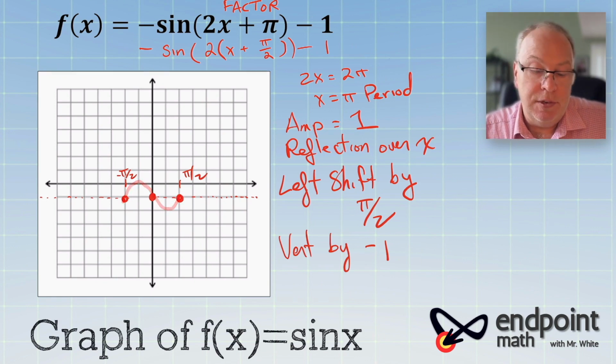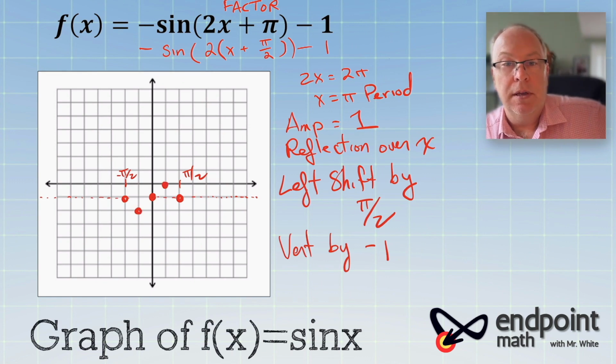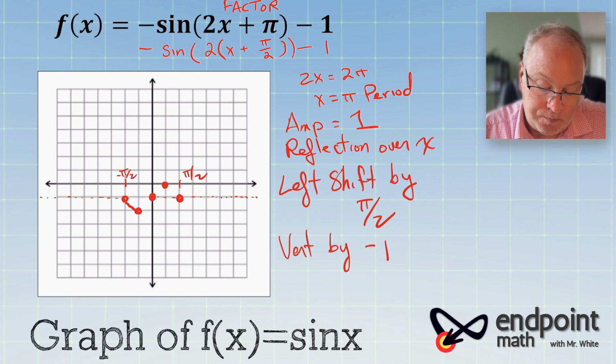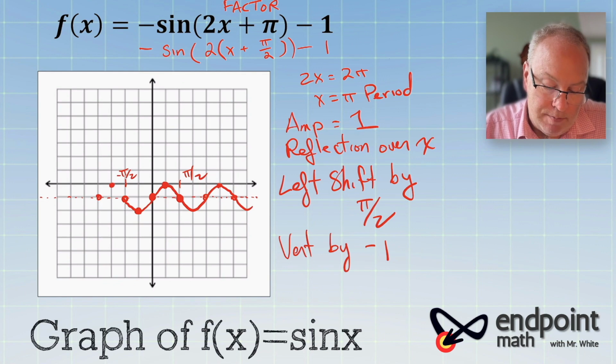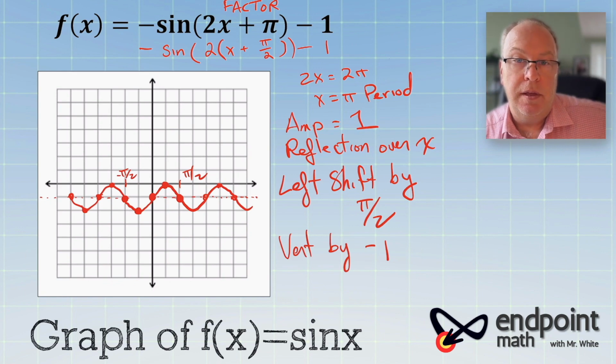However, this is reflected. So it's flipped over that midline there. So there we go, like this. And it just keeps going. Here's all my magic moments, as I call it. And no, I'm not going to break into song for you. There we go. All right, so there's my graph.